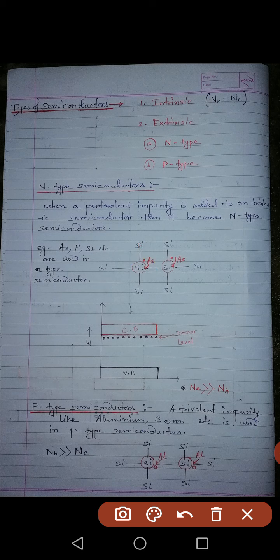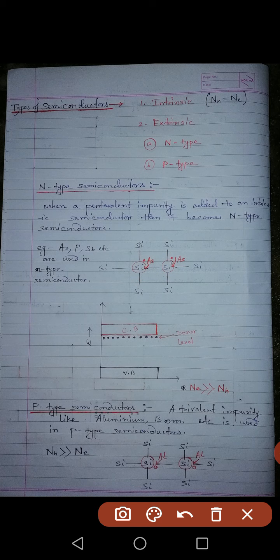Similarly, this silicon is also forming 4 bonds, 1, 2, 3, 4. Now suppose we are adding arsenic into it. If this silicon atom and this silicon are replaced by arsenic, then what will happen? We know that arsenic is pentavalent, so it can donate 5 electrons, right?